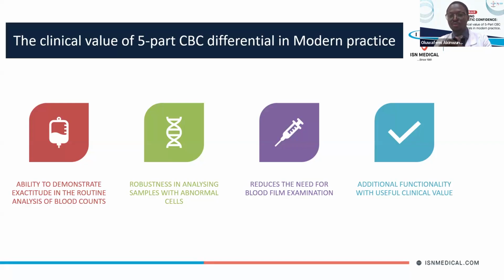So a combination of those features in terms of abnormal size, abnormal granularity, unusual nuclear configuration. Based on those parameters, algorithms are built to be able to say, okay, this is an abnormal cell. So once any cell fulfills some of those criteria, the algorithm will flag it as an abnormal cell or a blast or an atypical lymphocyte and so on and so forth.